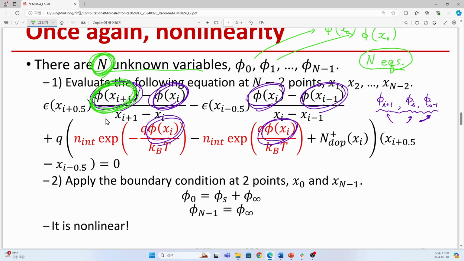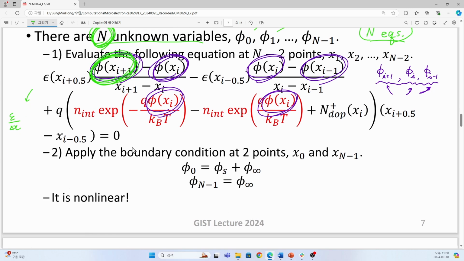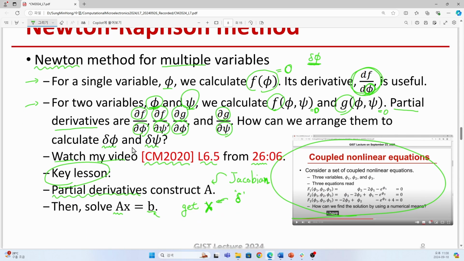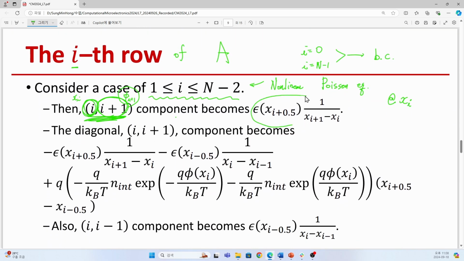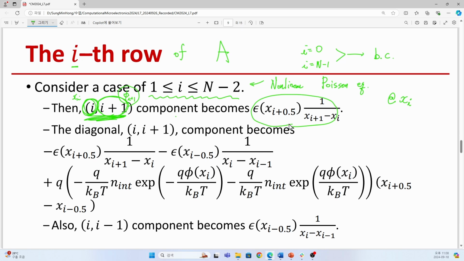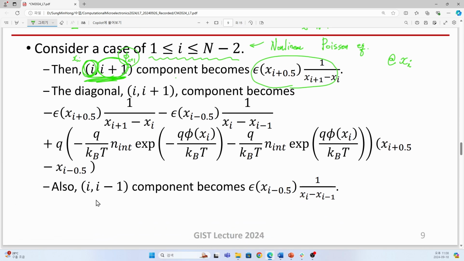So the partial derivative just gives us epsilon over delta x out of this calculation. So you will immediately have this expression.